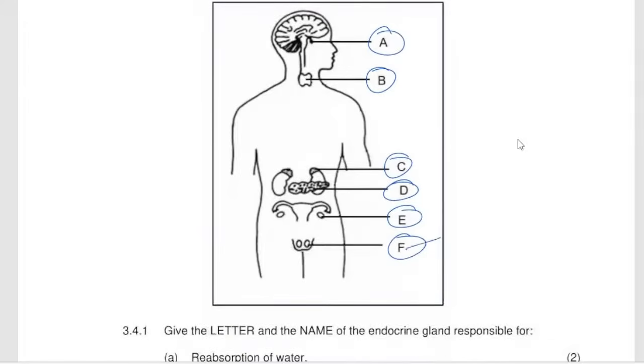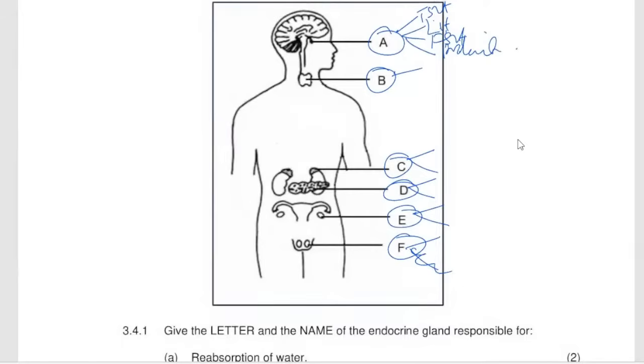This one produces estrogen, this one testosterone, this one estrogen and progesterone, this one insulin and glucagon, this one aldosterone and adrenaline, this one thyroxine, and this one TSH, thyroid stimulating hormone, LH, FSH, prolactin. There is one which is short: TSH, LH, prolactin.